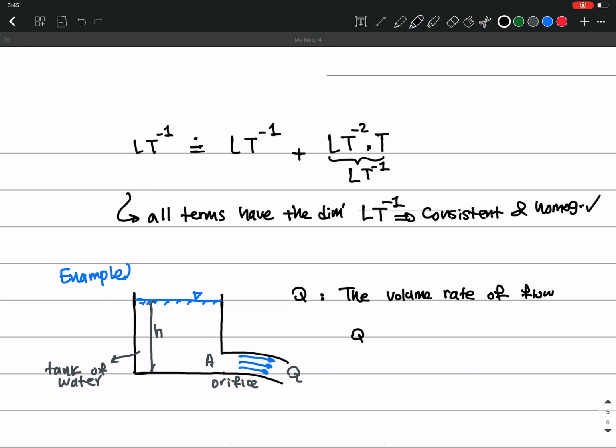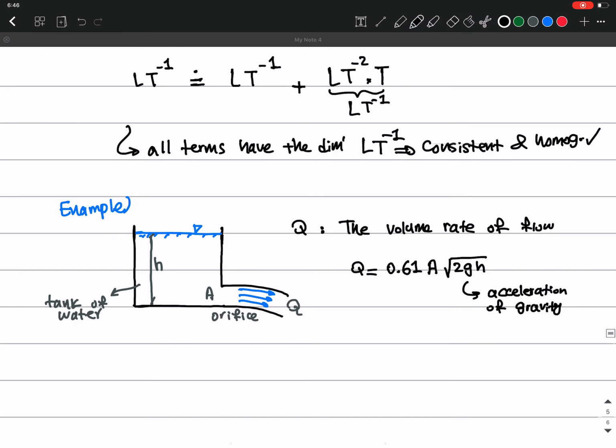And we can use this formula for this particular problem: the volume rate of flow is going to be 0.61 times A, which is the area of the orifice, times the square root of 2gh. And g is the acceleration of gravity.